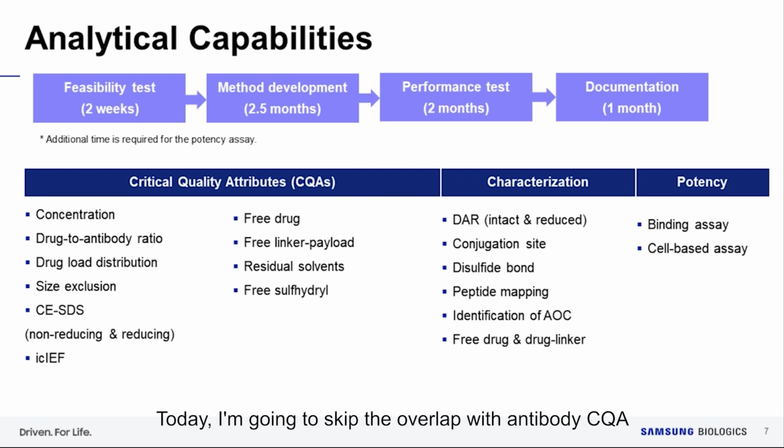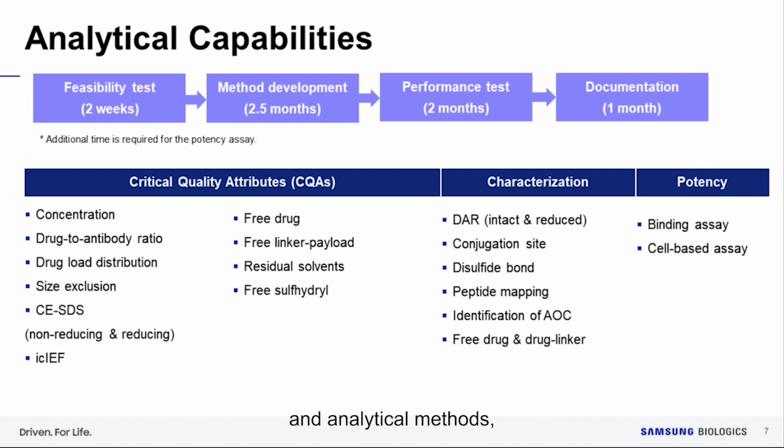Today, I'm going to skip the overlap with antibody CQA, and I'm going to focus on bioconjugation analytical methods such as DAR and free drug-related impurities and residual solvents. As you can see in this table, most of the critical quality attributes are identified by LC methods. The first critical quality attribute is drug to antibody ratio.